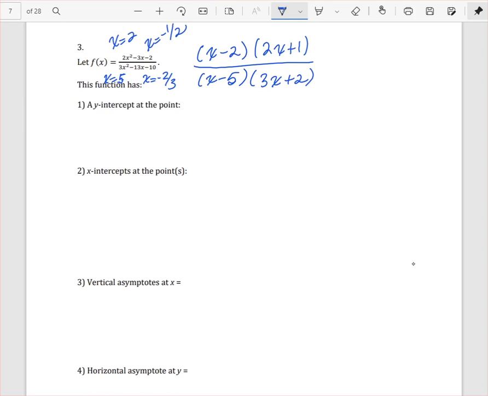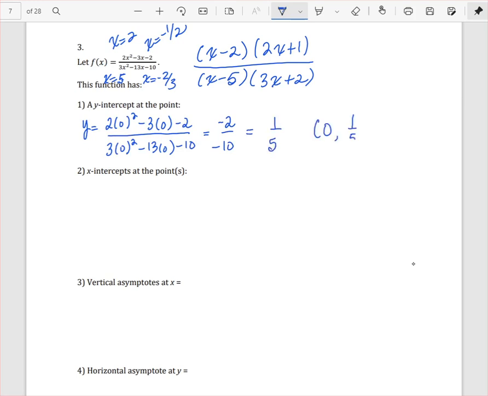So for the y-intercept, again, you're putting 0 for every x. So I get negative 2 over negative 10, which is 1/5. So my y-intercept is 0, 1/5.